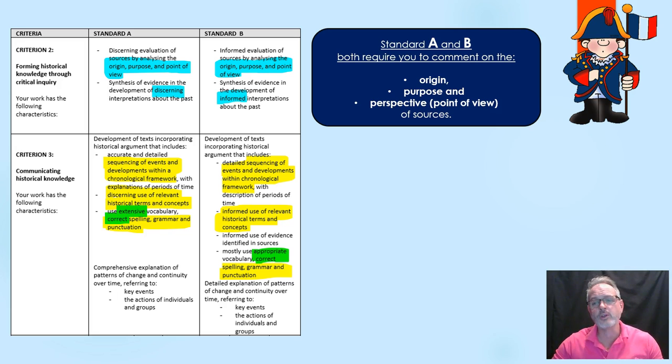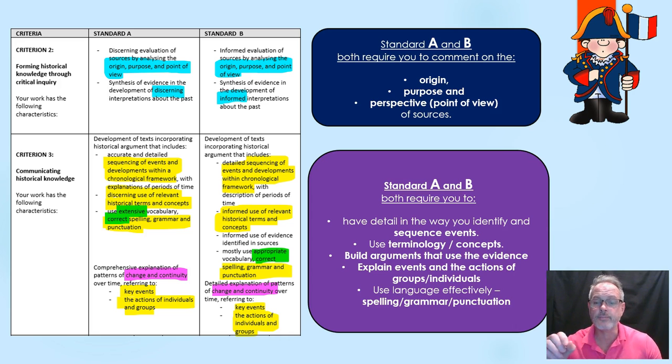Use it appropriately. Don't just put in random words. Make sure you're exploring these ideas carefully and in a well-worded way. And make sure you draw upon what the key events are, what the key actions of different individuals and groups are. So, lastly, think about how you're looking at what's changed in a society wherever you can, and what remains the same, the change and the continuity.